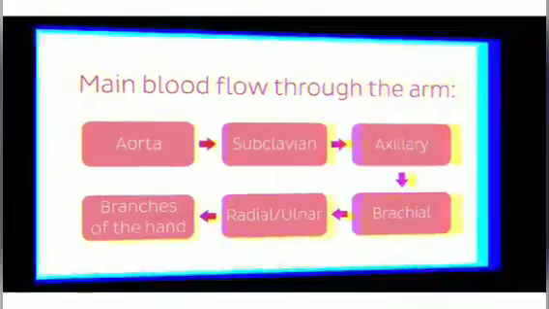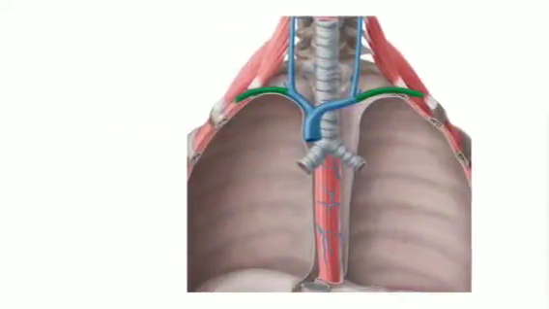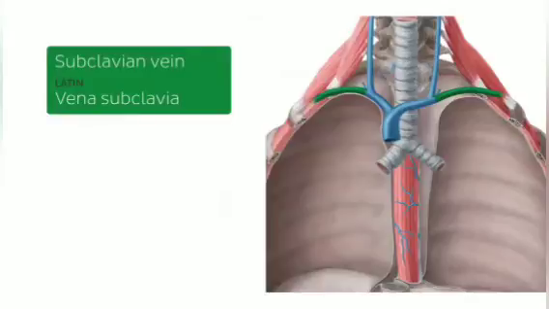We are now ready to move on and talk about the different veins of the upper arm and also shoulder. Right now we're seeing highlighted two veins that are known as the equivalent of the arteries, the subclavian veins.